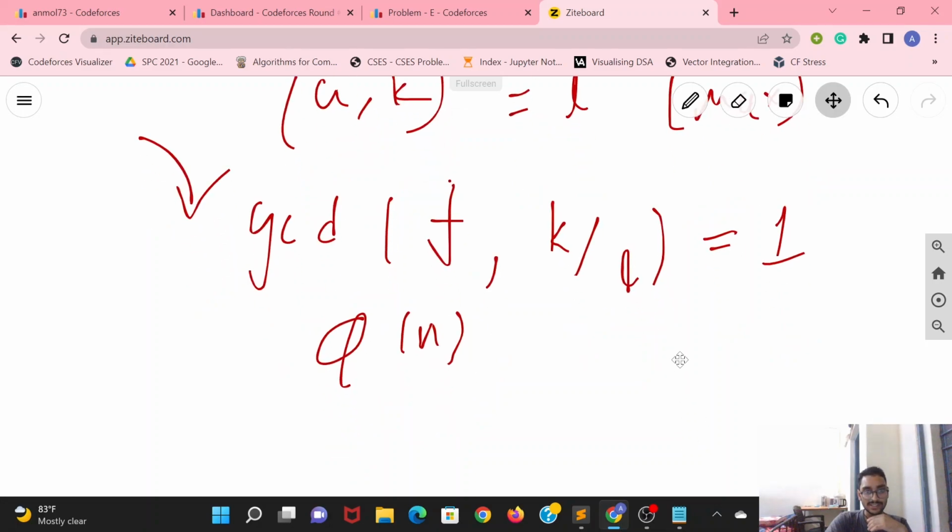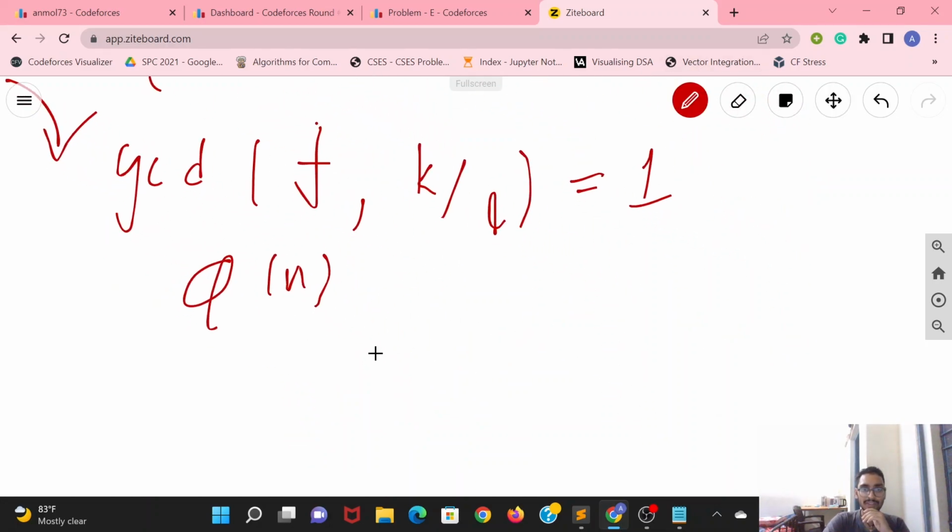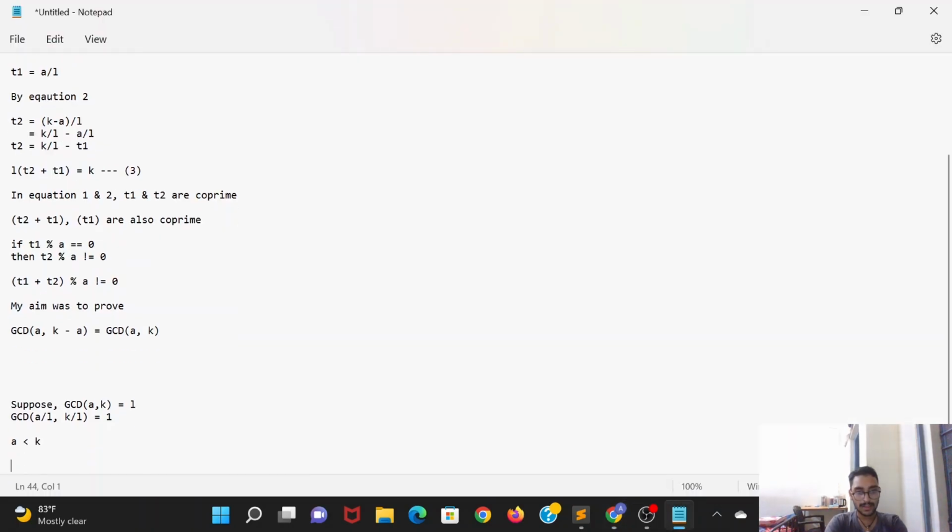What phi of n is, in case you didn't know, is the number of numbers less than n which are co-prime to n. So this is what we want out here: gcd of A by L comma K by L is 1.